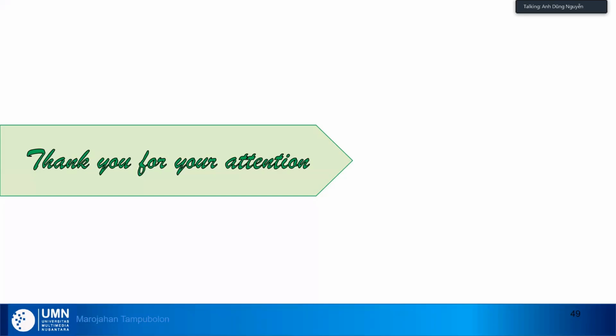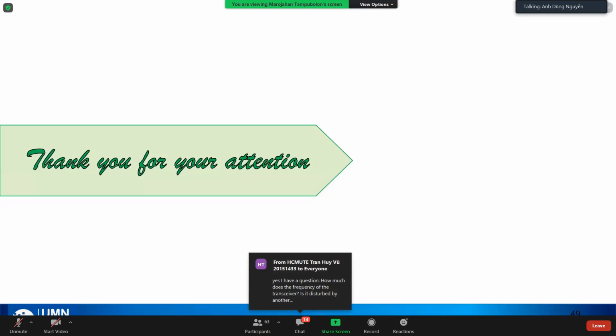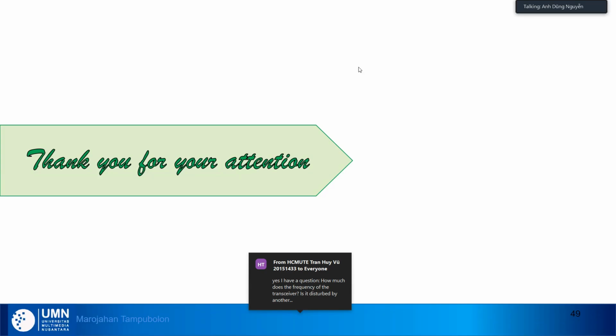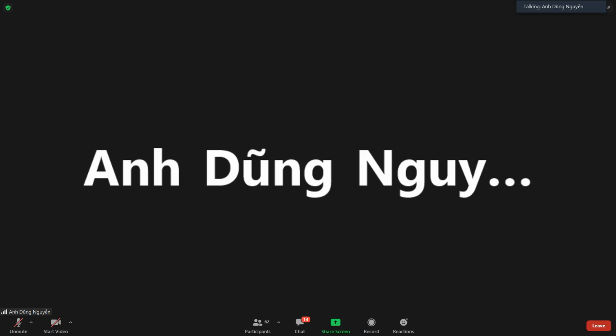Okay. And the next question is, what is the frequency for the transceiver? Because we have the radio or the signal on the car, will it affect the transceiver frequency or not? Like, will the noise affect your transceiver?